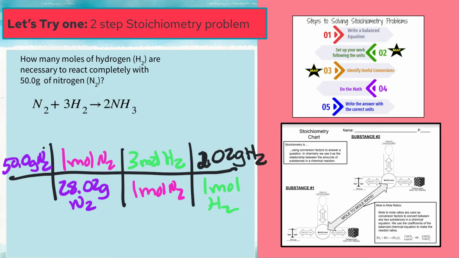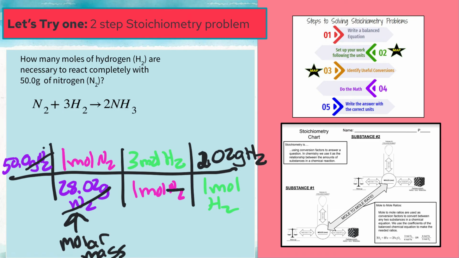So this is how I would set it up. I would have my 50 grams, my given, of nitrogen, and then my grams of nitrogen from the molar mass. Okay, then my grams cancel. I'm left with moles of N2.